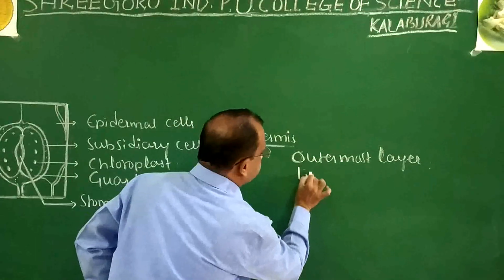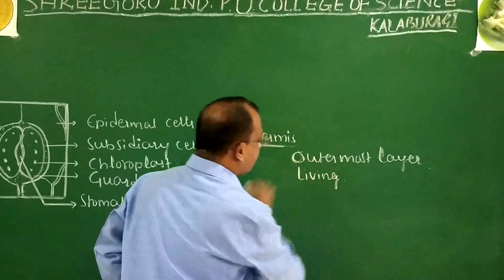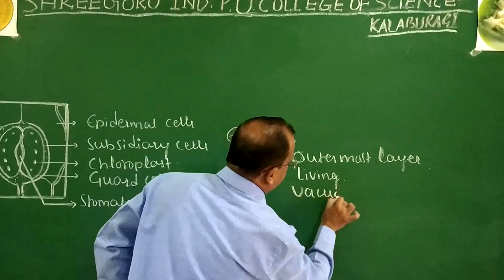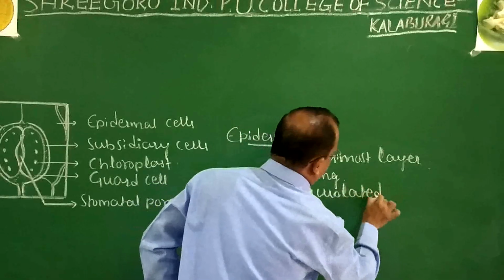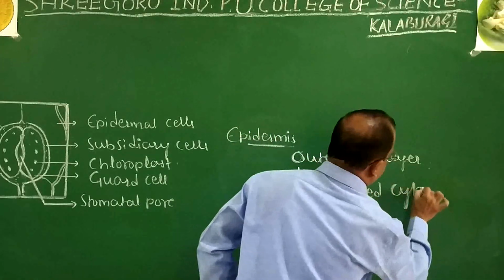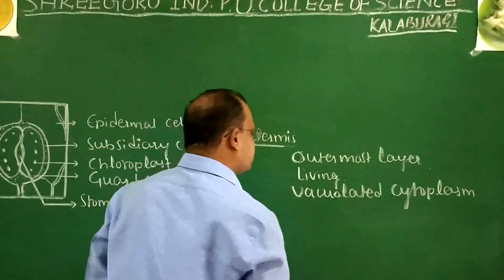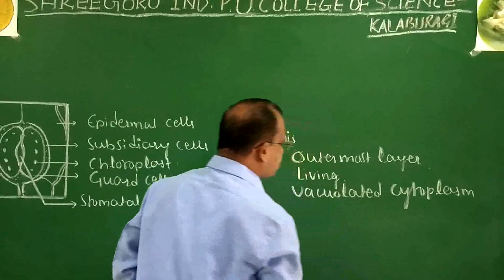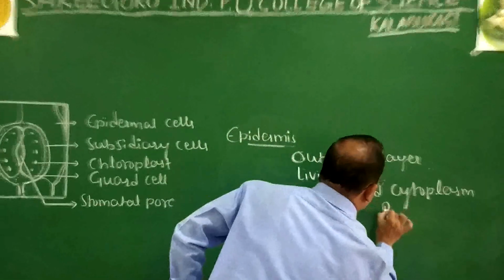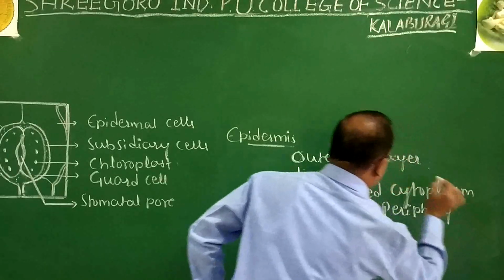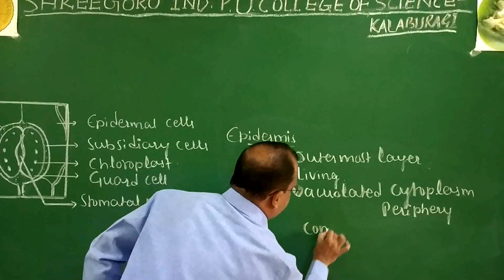Cells are living. Cells have vacuolated cytoplasm. Due to the presence of this vacuole, cytoplasm is present towards the periphery. Cells are compactly arranged.